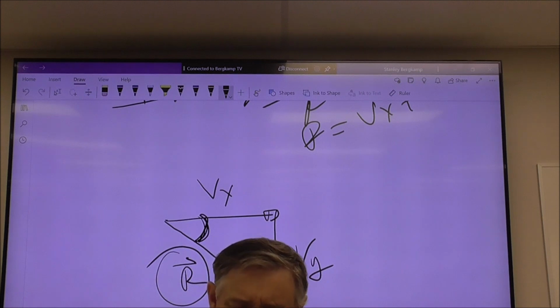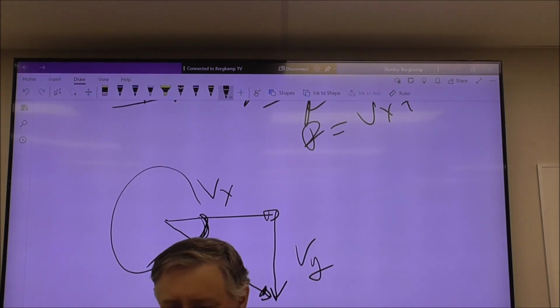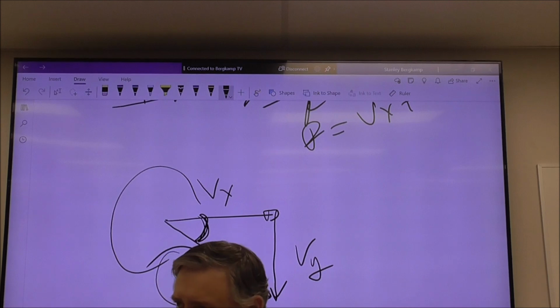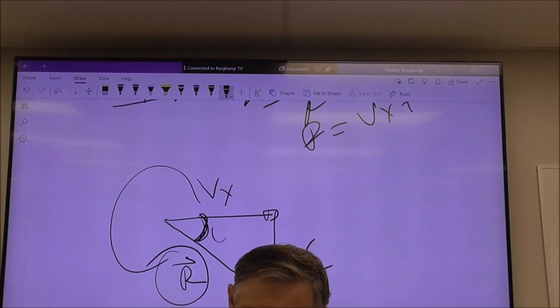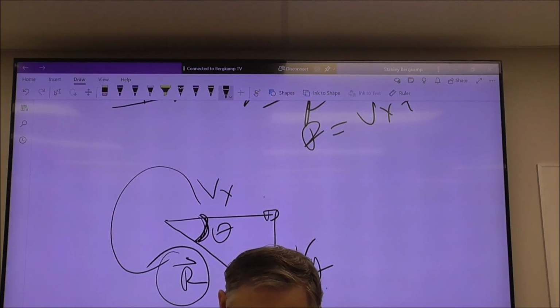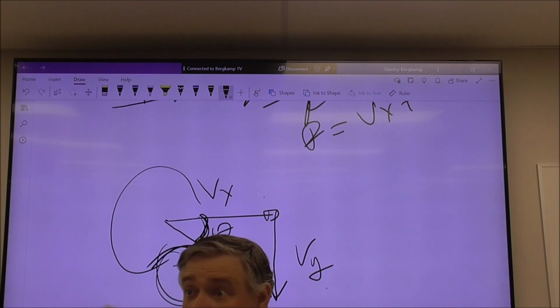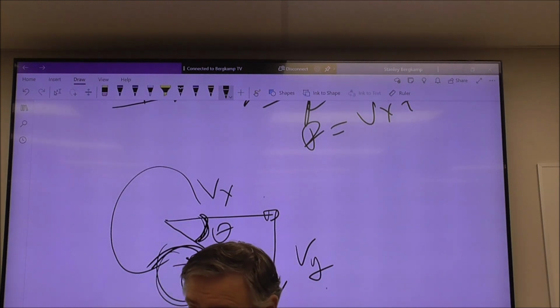Don't worry about subtracting it from 360. Just give me that angle. It's typically around 70 to 80 degrees, somewhere in that ballpark. So use a little inverse trig. You've got Vy, you've got Vx, and then that resultant. That is not range. That is the resultant of those two velocities.